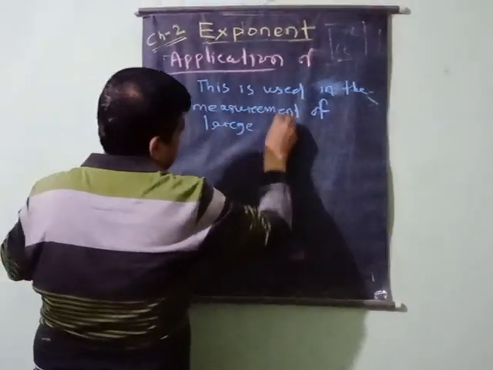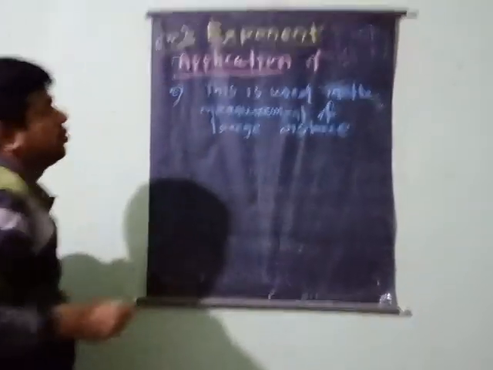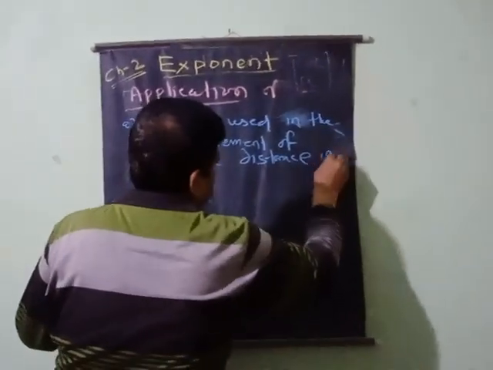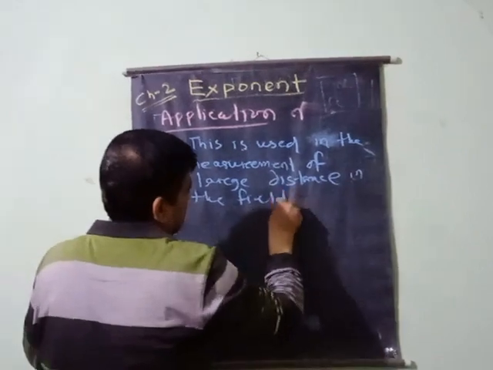Large distance means: how is the exponent used to measure large distance in the field of science and astronomy?